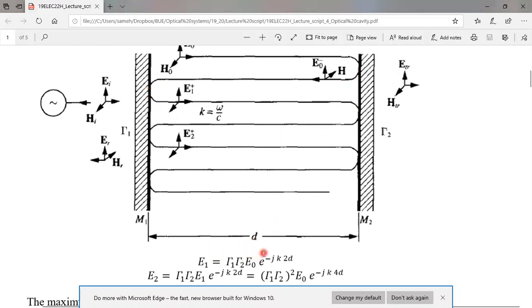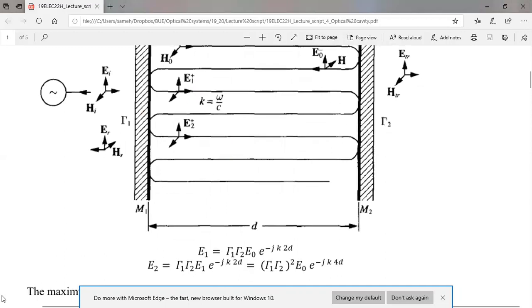And e power minus j k 2d, where 2d is the total round trip the light moved in order to make one trip from this point till this point. So this is the electrical field after the first round trip. If I would like to write the electrical field due to the second trip, then I should expect another gamma 1, another gamma 2, and another e power minus j 2kd.